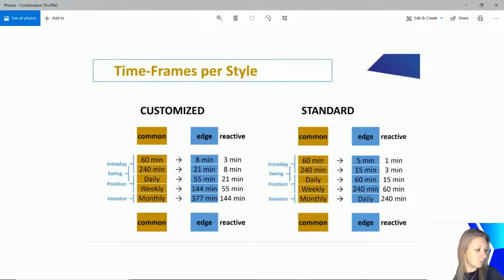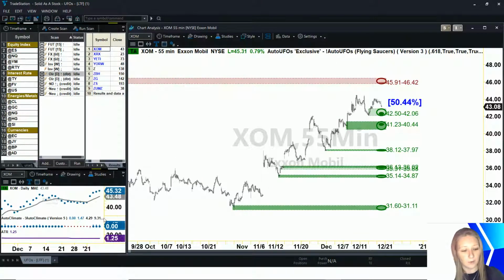If you look at your auto climate, you'll see that we also have this number here, 4348. That number represents the EMA. The EMA stands for exponential moving average, or you might see MAE, moving average exponential, same thing.